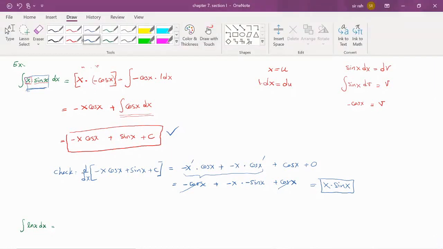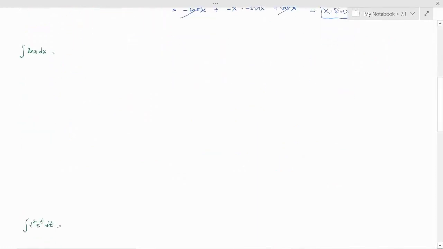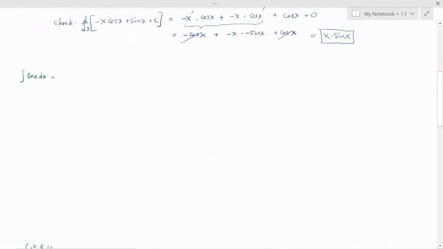Okay, let's do another example. Let's look at this example: ln x dx. Here, if you pick substitution again and say u equals ln x, let me show you this. I will erase it, but let's say you pick this and say, okay, du now would be 1 over x dx.